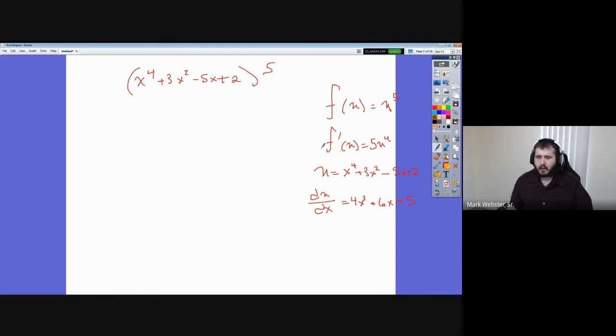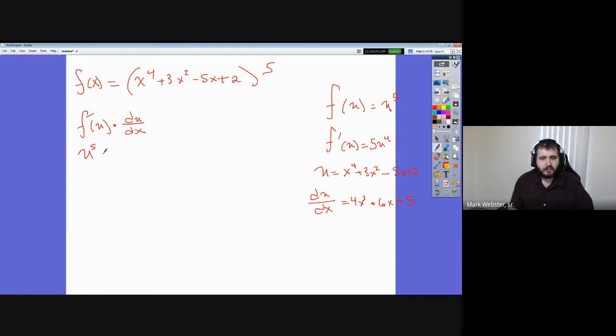But now look, remember we said that the derivative of this thing, this ugly thing, is just the derivative of the outside times the derivative of the inside. So let's write that out.